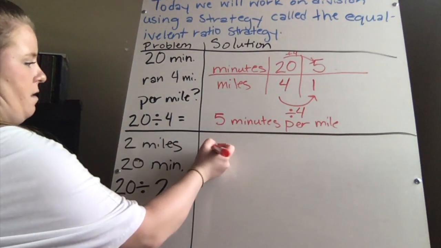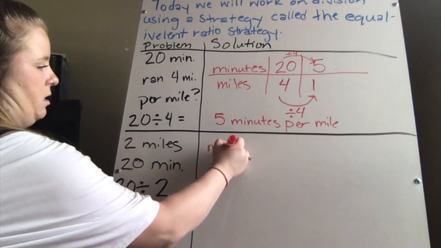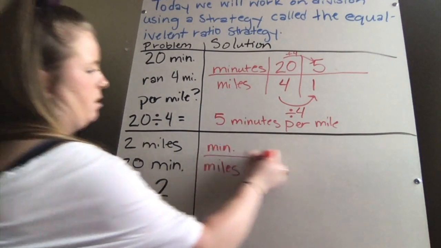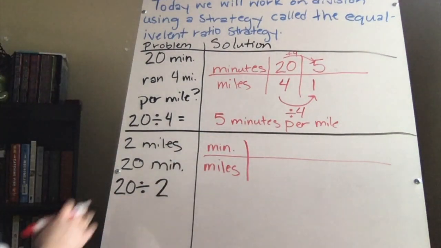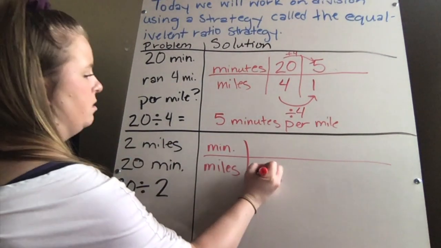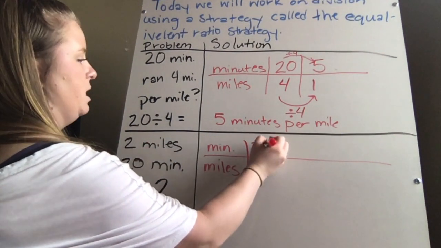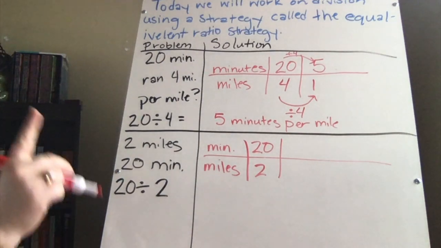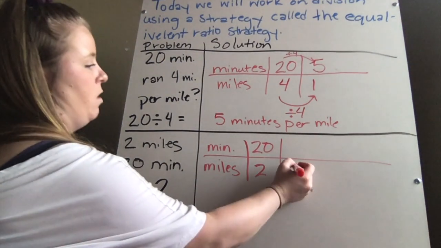So I have minutes on top, miles on bottom. I have 2 miles, 20 minutes, and I'm trying to get per mile. So per mile, mile is singular, meaning 1.